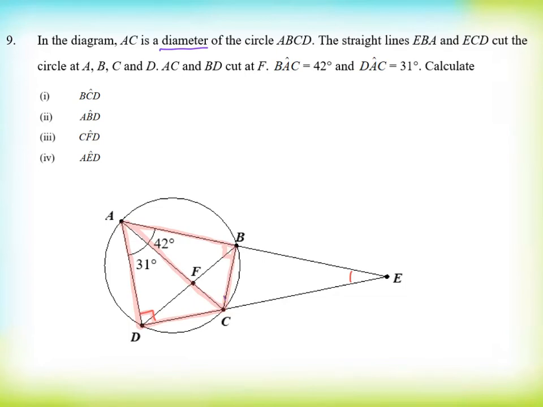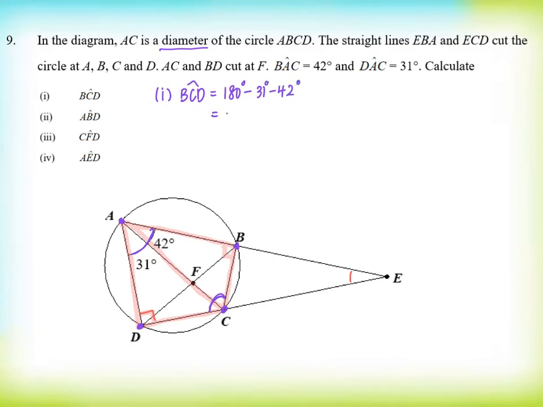Well, angle BCD over here, I have 4 points on the circumference of a circle. It forms a quadrilateral, a cyclic quad. So therefore, we can have angles in opposite segments add up to 180 degrees. So part 1, angle BCD will be 180 degrees minus 31 minus 42.